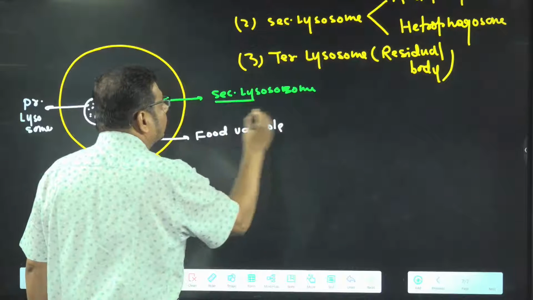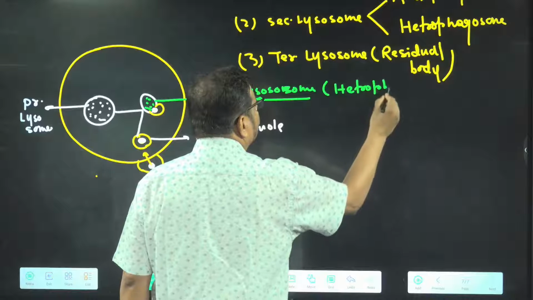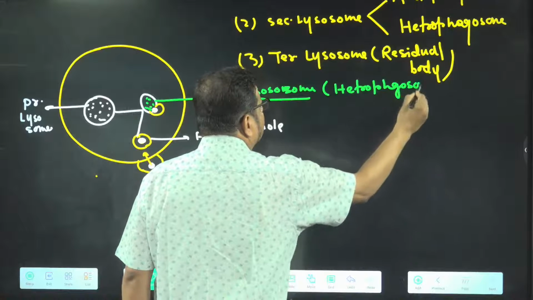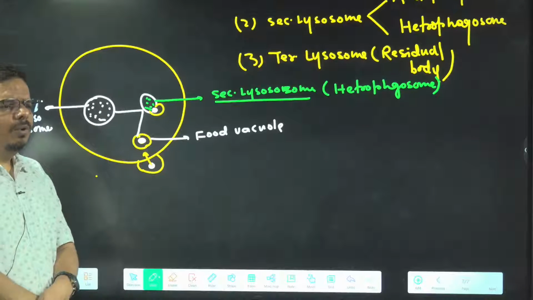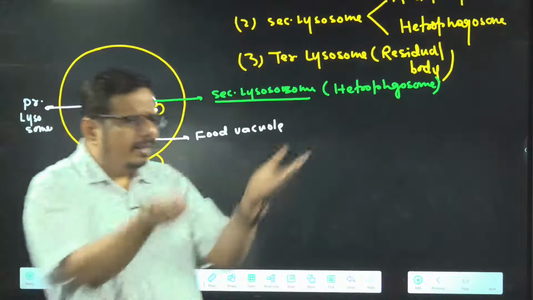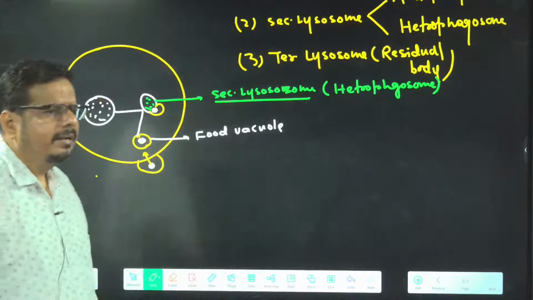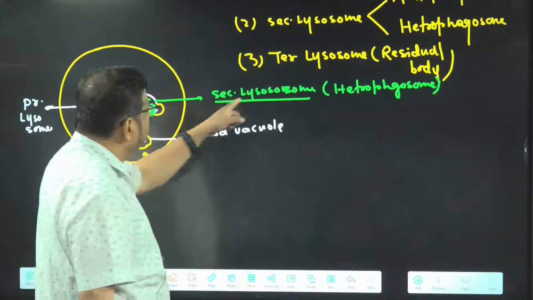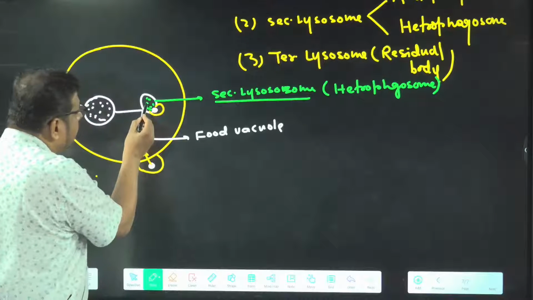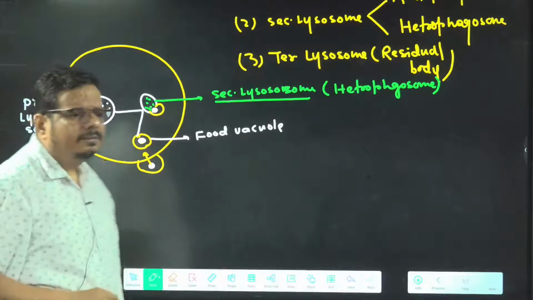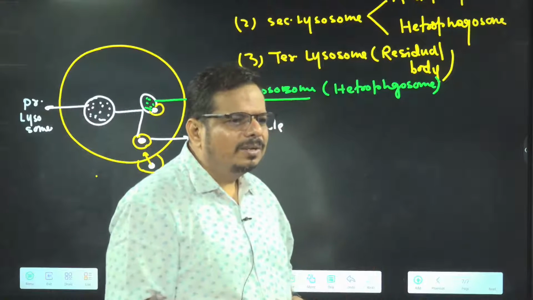And it is also called which kind of secondary lysosome? Heterophagosome. It is eating what is not a part of the body, it is eating different things, not its own cell component. So this is heterophagosome. Now enzymes will digest the food, hydrolytic enzymes digest the food.